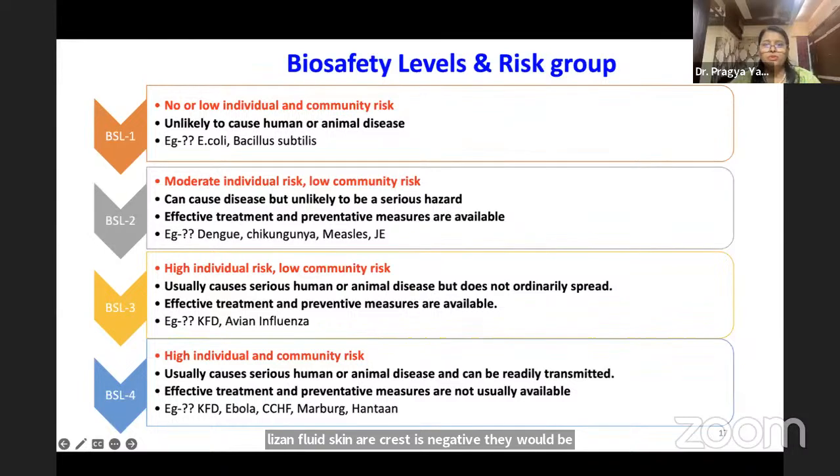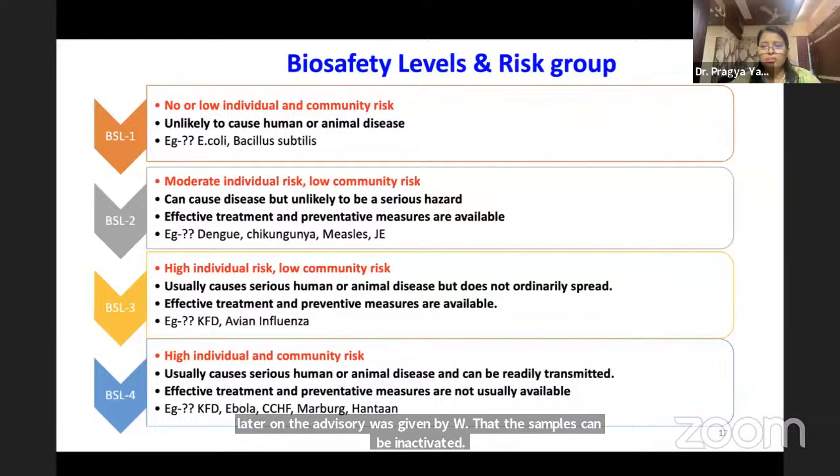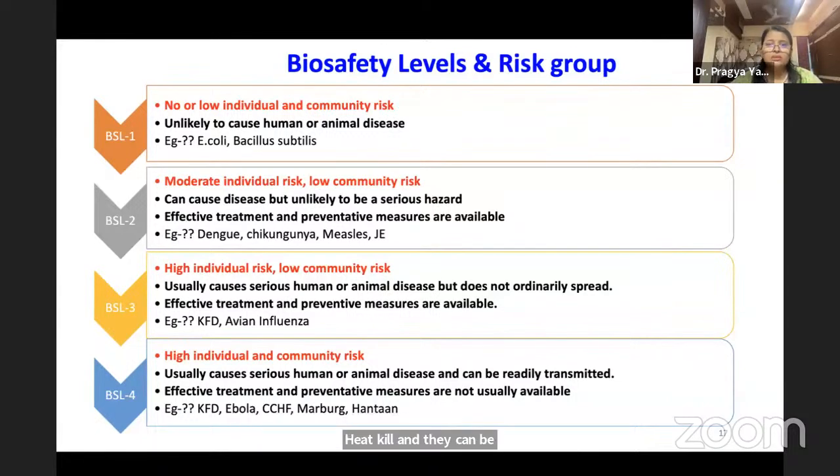So the question comes: which biosafety level or risk group should we consider for monkeypox? In 2022, when monkeypox was declared, initially it was considered a biosafety level 3 risk pathogen. Later on, the advisory was given by WHO that the samples can be inactivated, heat killed, and then used. You can use the SARS coronavirus PPE which we used in the past.